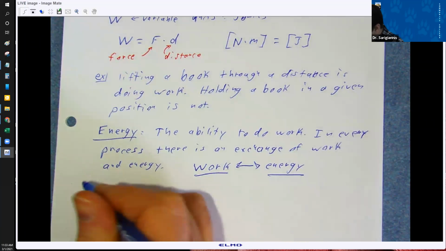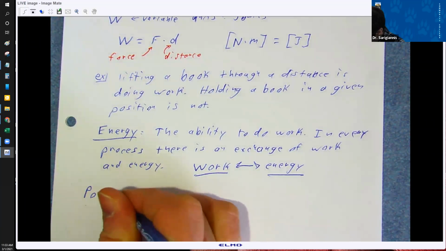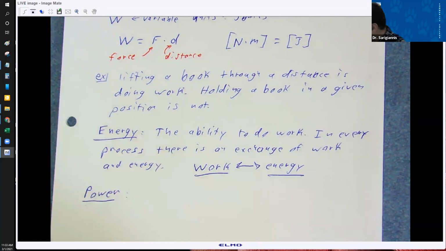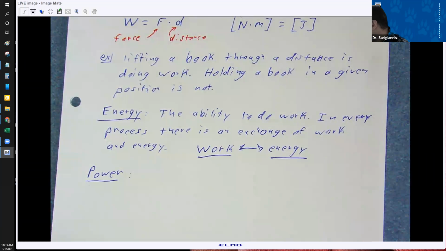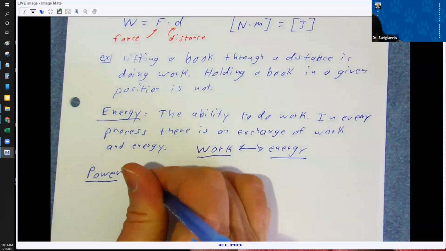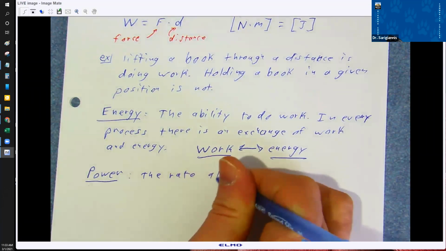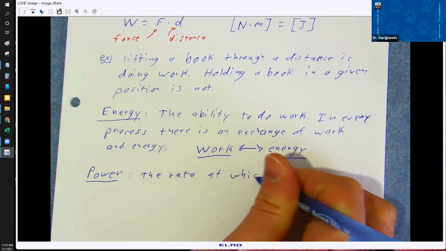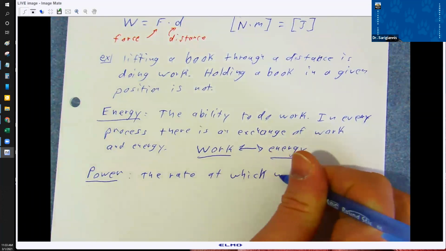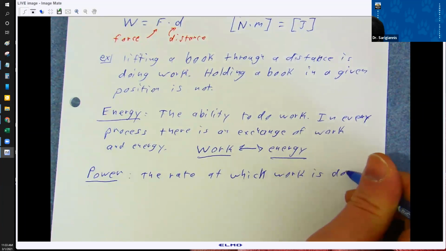All right, the next item that makes sense to talk about is power. Power is just the rate at which work is done.